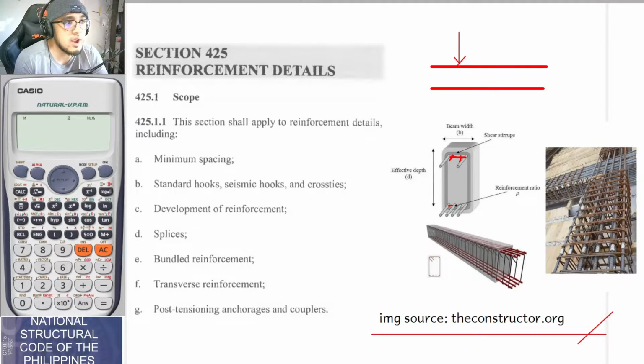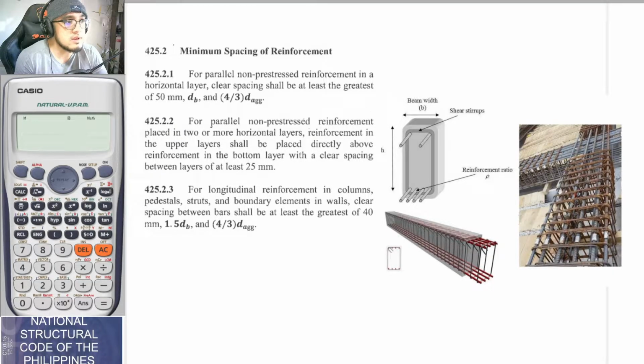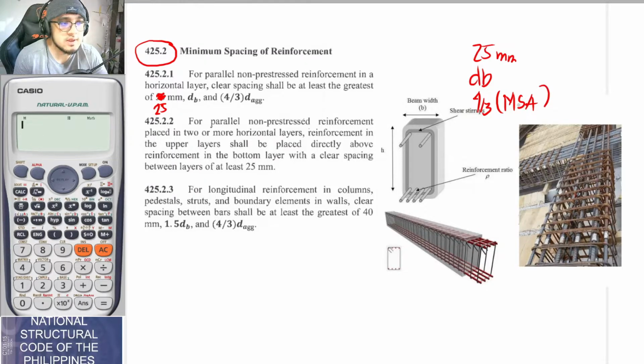And once again, we have already discussed this before in section 425.2. By the way, guys, this is a typographical error from NSCP. This should be 25 mm. Okay, so with that, for your spacing here, this spacing shall not be less than 25 mm, the diameter of the rebar, and 4/3 the maximum size of the aggregates, or 4/3 DAGG.